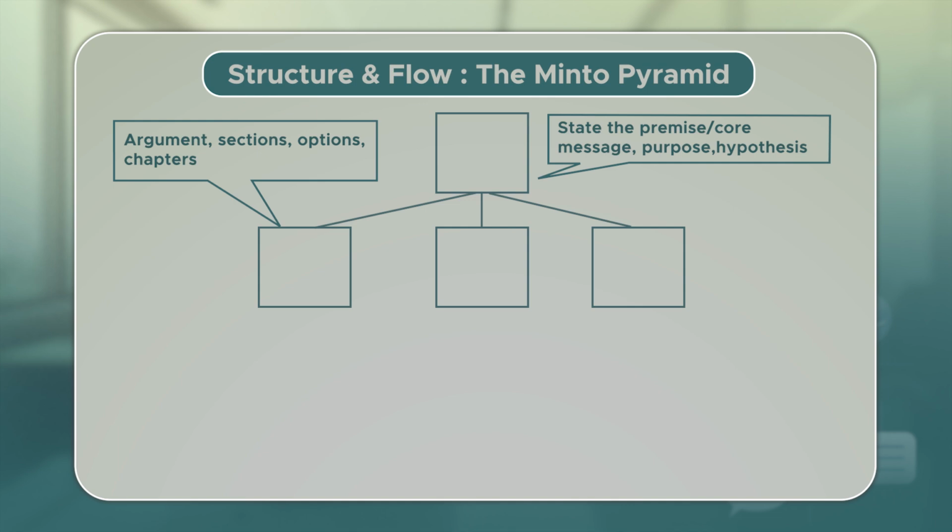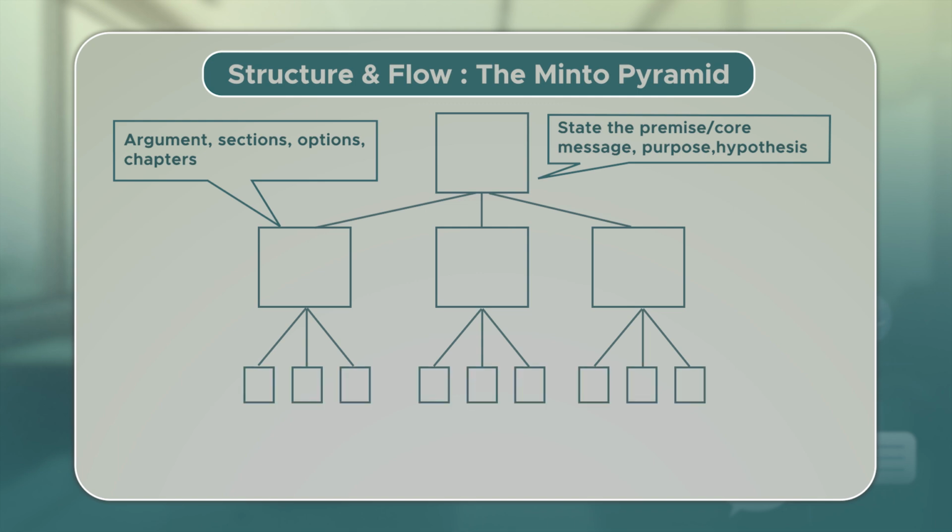I'll show you an example to make this clear, but for the moment, understand that there is the core message at the top and the major supporting arguments at the next level. Then at the third level, you could provide subsidiary arguments, data, and evidence that help build the support at the second level.